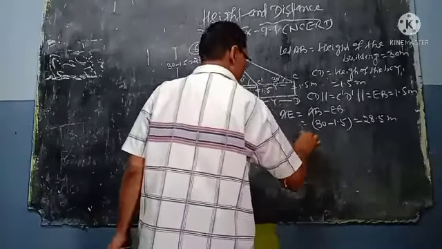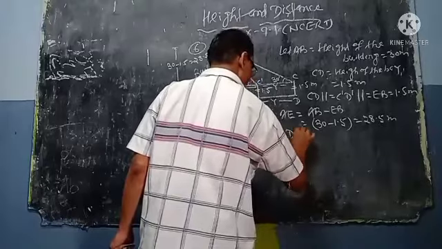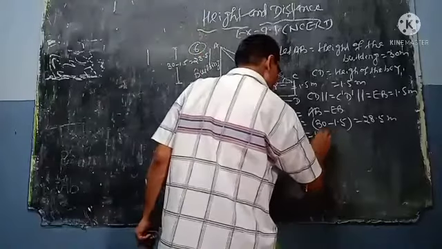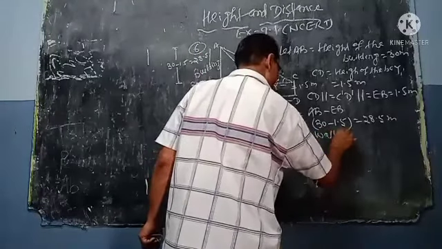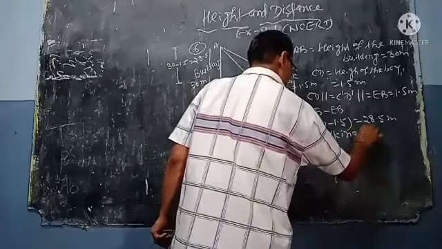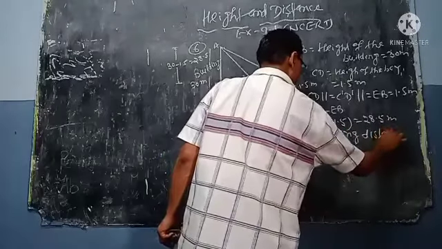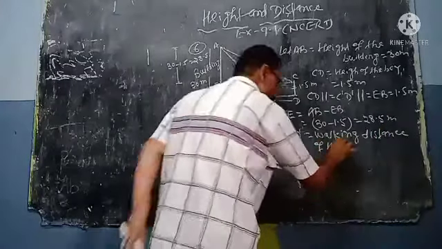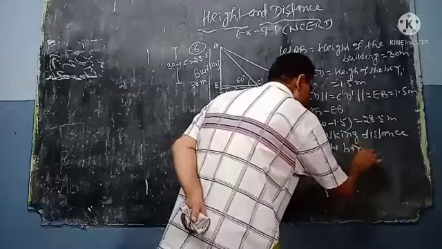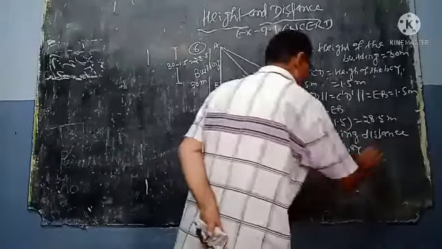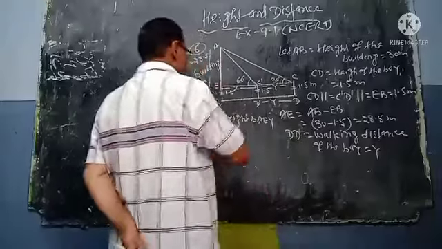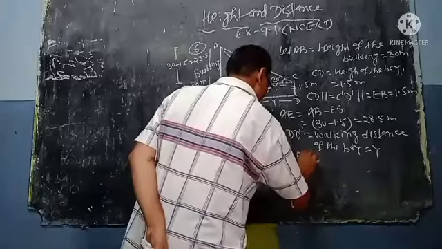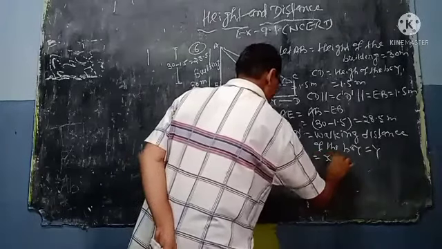I mean DD', D and D', that is the walking distance of the boy, and this is equal to y. Also suppose BD, that is x, is supposed here.